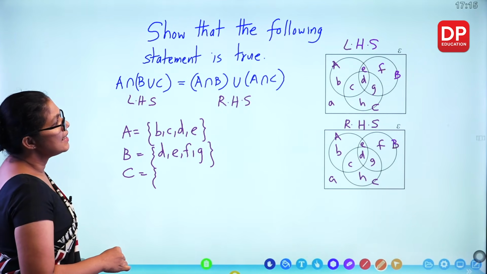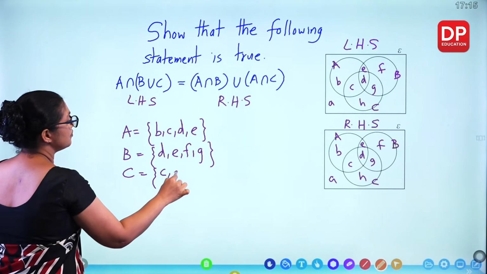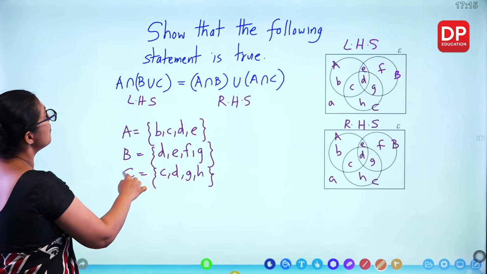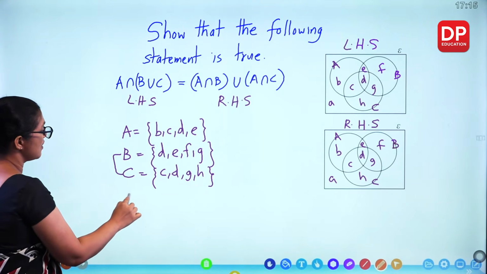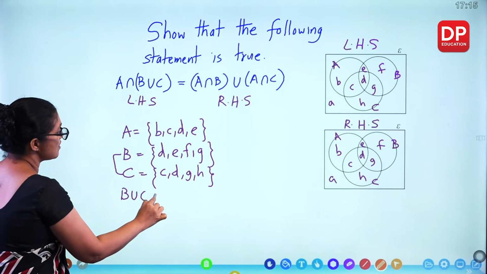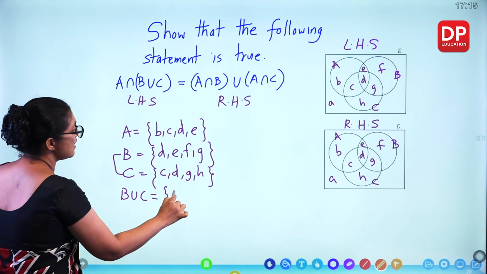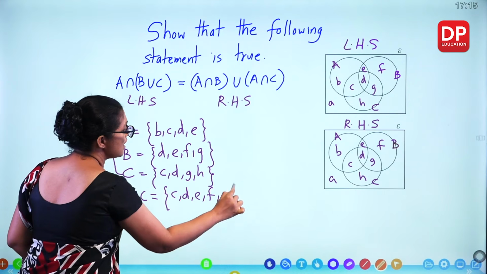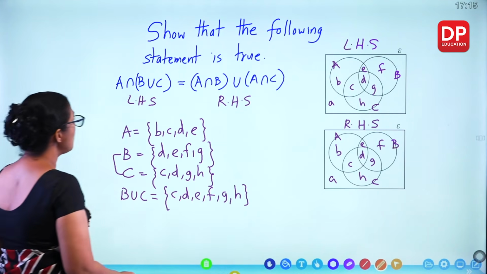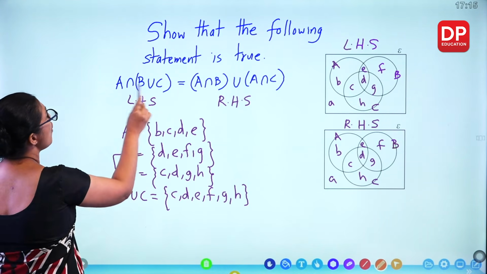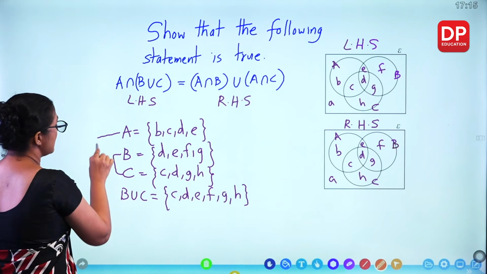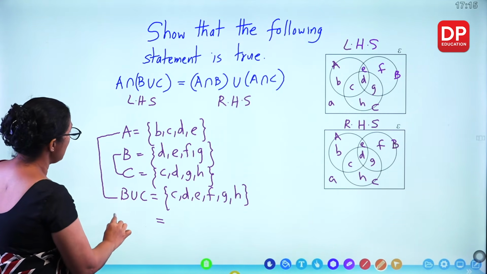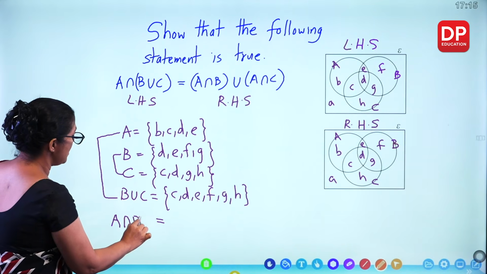C, D, G, H. Now B union C. B union C is, we have to write everything here: C, D, E, F, G, H. Now common region for A and B union C. What's common? So A intersection B union C.